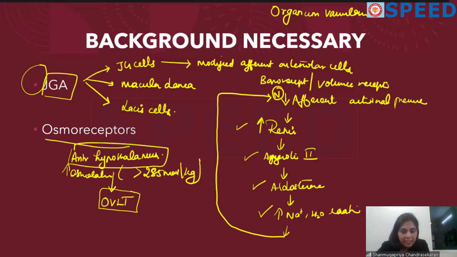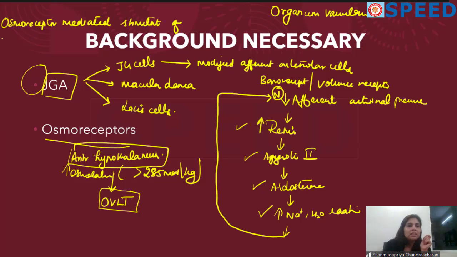Now listen to me carefully. For your understanding of the function of OVLT, I'm going to abbreviate it in a different way. O stands for osmoreceptor mediated stimulation of V, which stands for vasopressin secretion first.